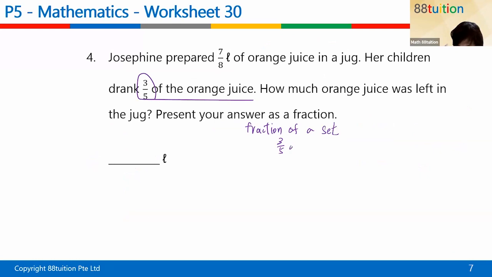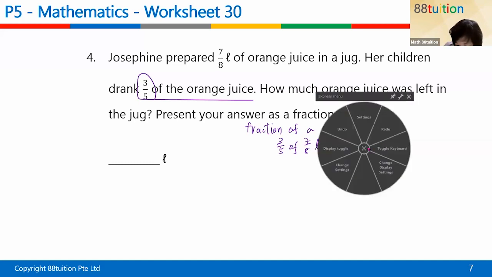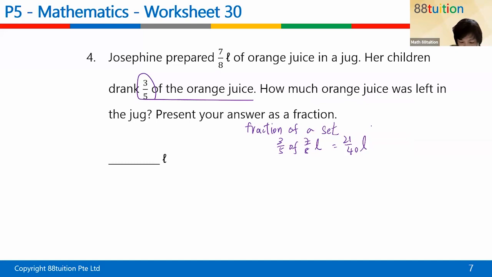That means this is a fraction of a quantity. The quantity is liters. And then 3/5 of it. So meaning to say is 3/5 multiplied by 7/8, which is 21/40 liters. And this is being drunk away.